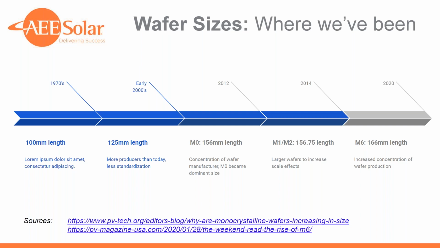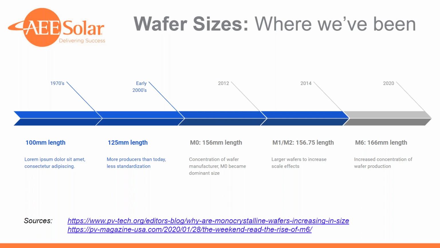Call it more of it has to do with there's fewer manufacturers now, and each of them has become more standardized in what they do. 2014 saw a bit of a standardization around an M1, M2 wafer size. And the difference here between 156 and 156.75, pretty negligible. I would question if many of us actually saw this happening in the market, or if we just kind of took it for granted.